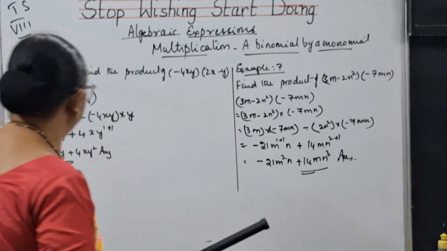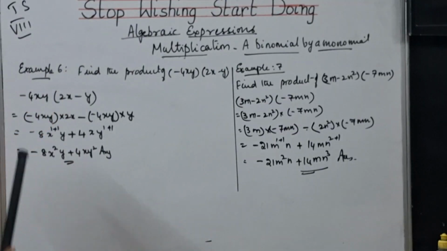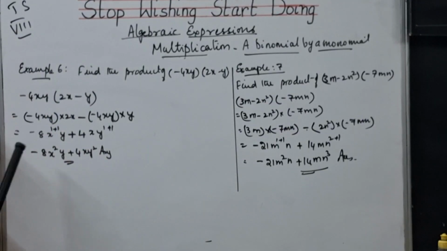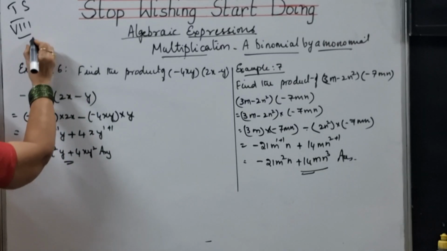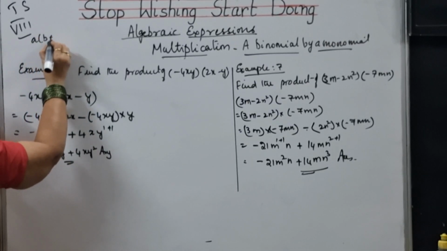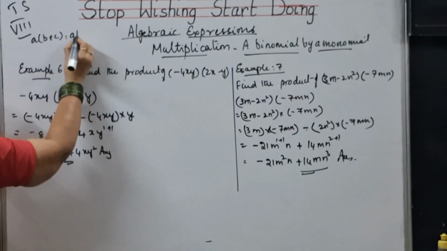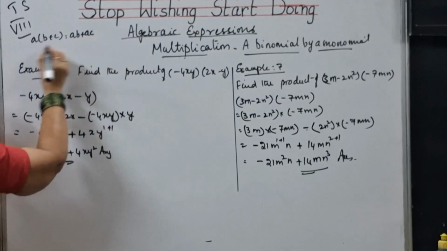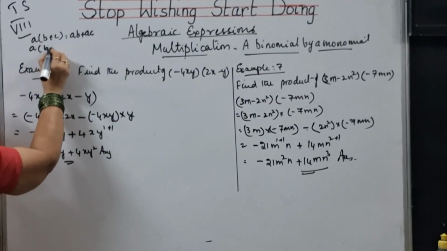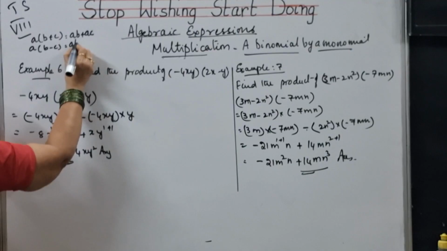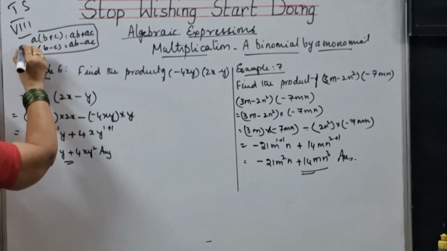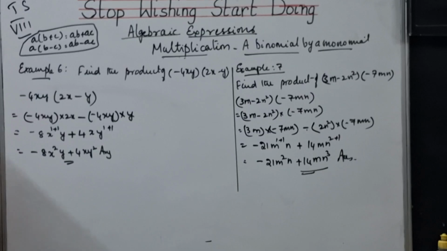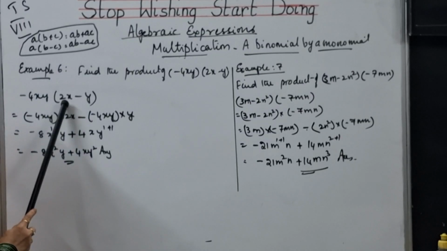So let me explain once again. This is a monomial with a binomial. Usually we have a distributive property. A into B plus C is equal to A into B plus A into C. A into B minus C is equal to A into B minus A into C. This is the property which I am using in this problem. What I have done, this into this, plus.